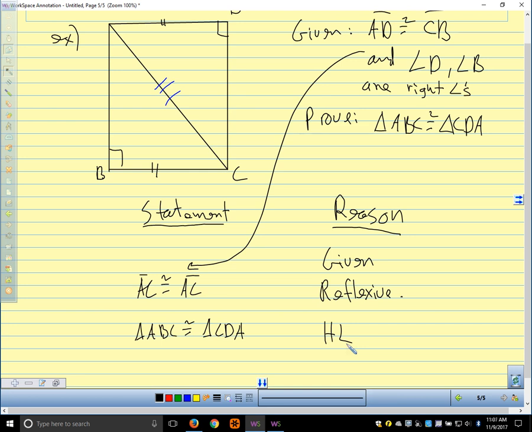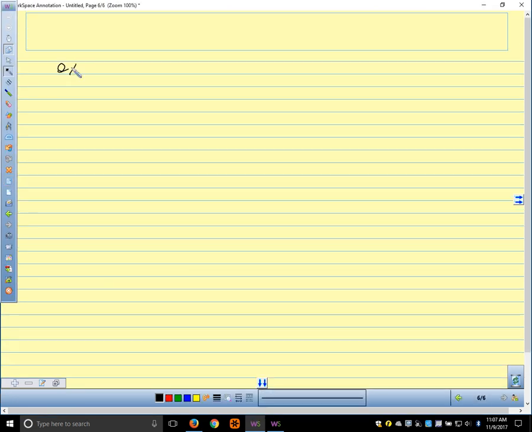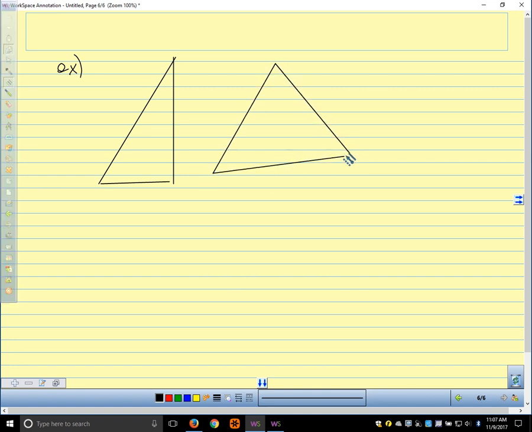All right, let's look at one more. Questions here? All right. So for this one, we have two triangles set up like so. And I'm going to say this is 3y plus x. This is y minus x. This is a 90-degree angle.